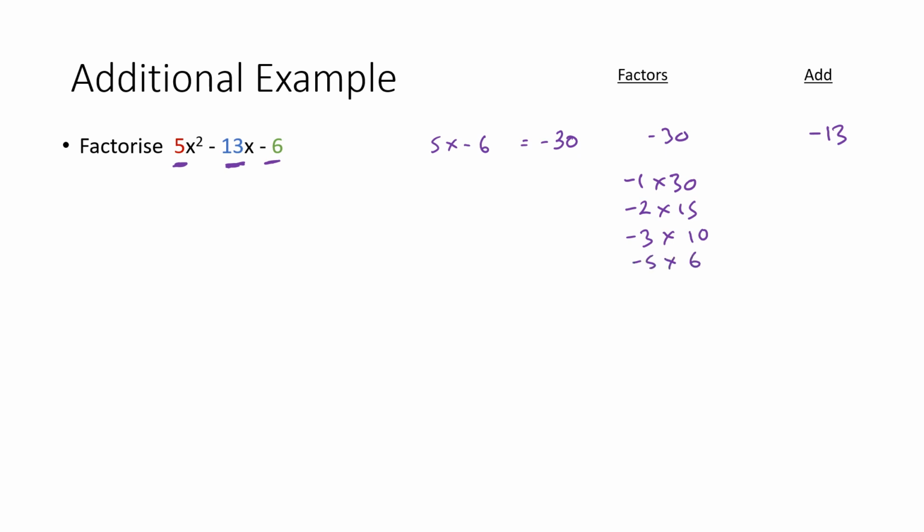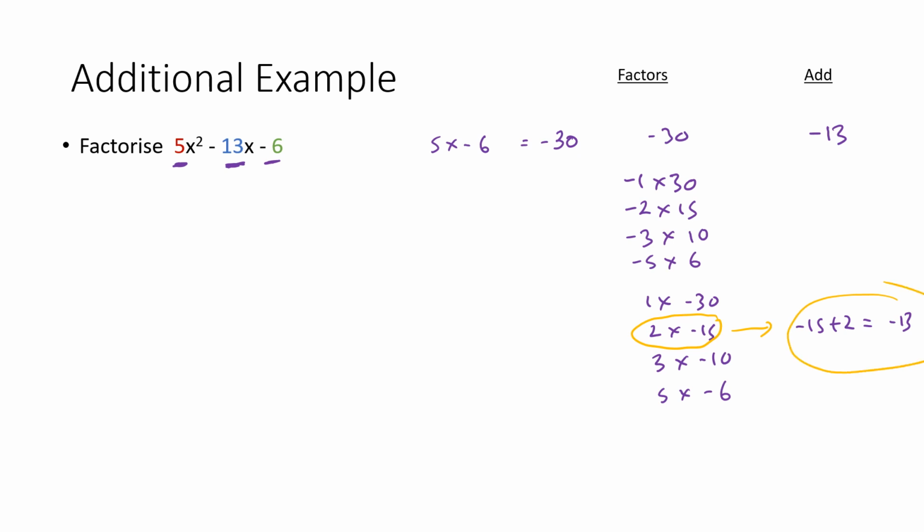And you could also have the other pairs, which are 1 times minus 30, 2 times minus 15, 3 times minus 10, and 5 times minus 6. You could check by adding all of these together which one gives you minus 13. Again, to cut a long story short, the one that works is 2 times minus 15. If you add these together, minus 15 plus 2, that gives you minus 13. So that works. So these are the two factor pairs we are going to use.